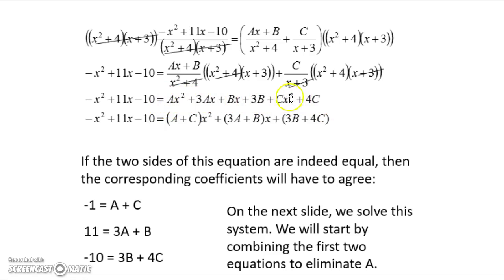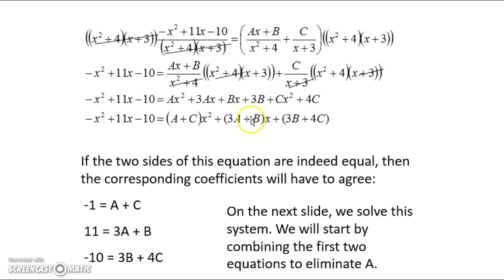Then this is the case where we are going to have to put like terms together. We have an x squared term here and an x squared term here. So the coefficient to the x squared term is going to have to be a plus c. Here we have an x term, here we have an x term, so the coefficient to the x term is going to have to be 3a plus b, and then our constant comes from 3b plus 4c.